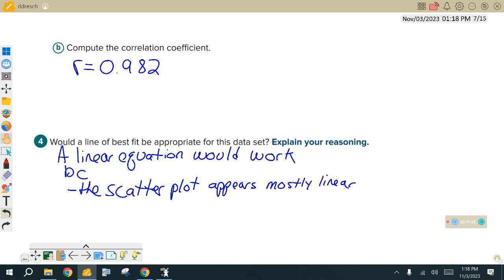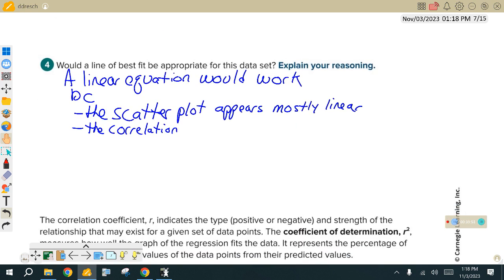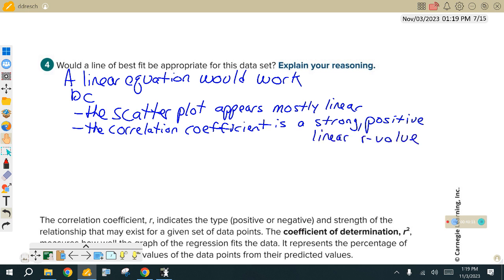That works together with the R value. The correlation coefficient is a strong, positive, linear R value. I will pause and shut up now for 30 seconds for you.